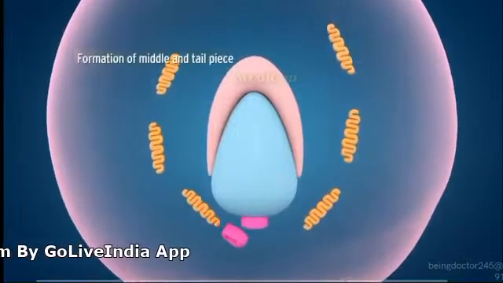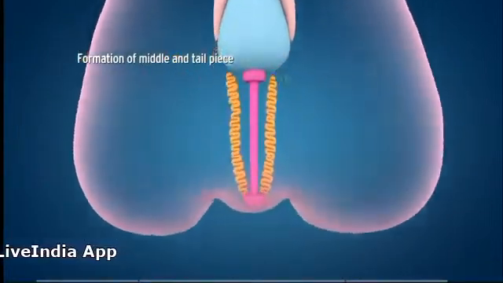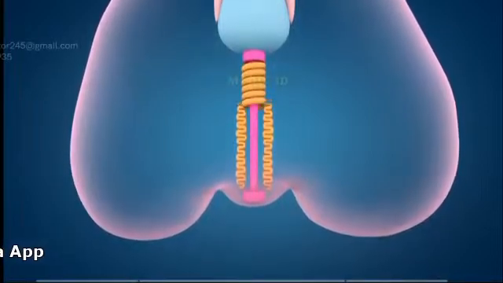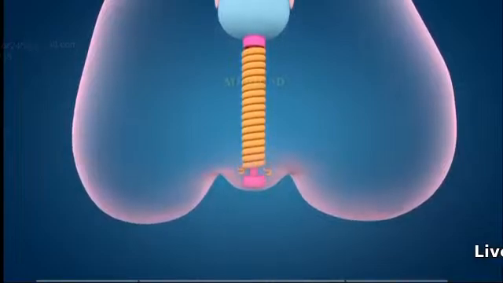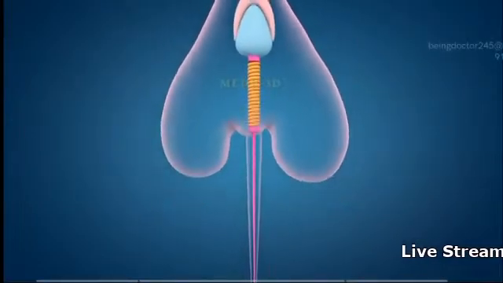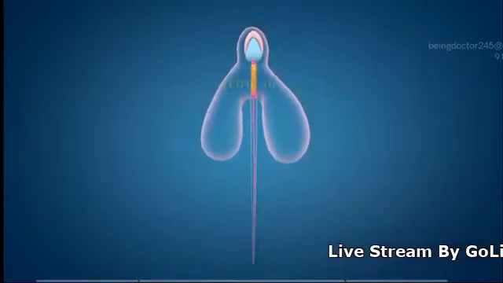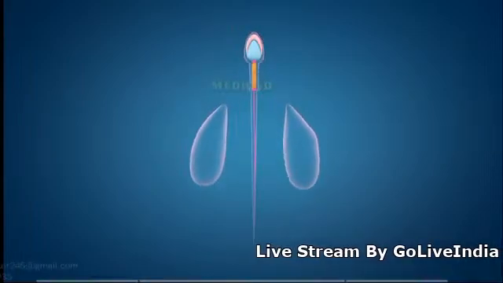Along with the formation of the middle and the tail piece, which helps in the swift motility of the sperm. Most of the cytoplasm is lost as residual bodies as the sperm matures.